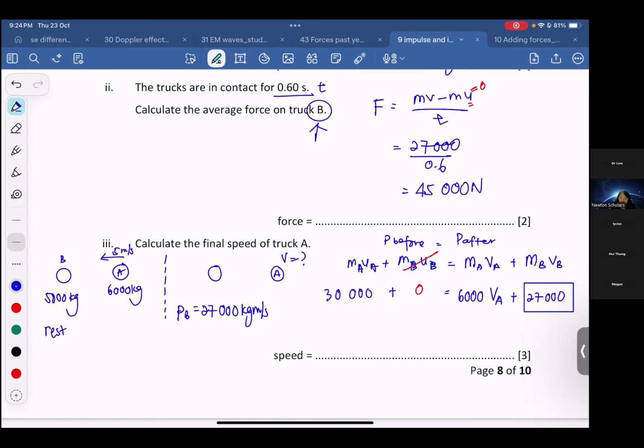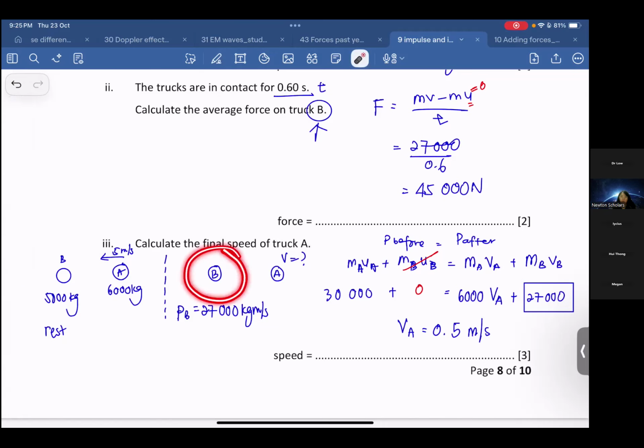Are you able to get the same answer as me? My answer is 0.5 meter per second. I don't need to calculate momentum for truck B, no need, because they already give me the final momentum of truck B, 27,000. Is it okay, dear?